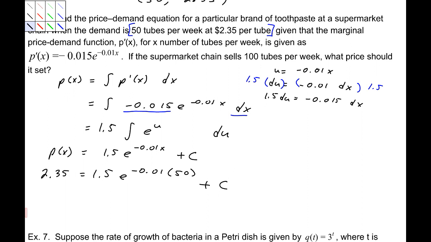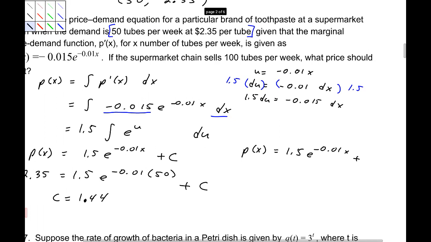Then we subtract that from 2.35, and we get that c equals 1.44. So that means my equation for the price is, in fact, p of x equals 1.5 e to the negative 0.01 x plus 1.44.